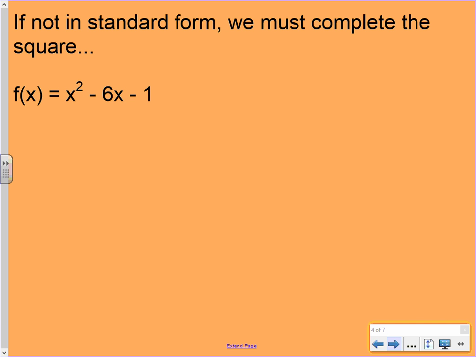May ring a bell from last year. If you don't remember the name of it, it'll at least look familiar when we go through it. But after lunch, we're going to complete the square with this example and another example. This is going to be the meat and potatoes of your assignment. You have to know how to complete the square.